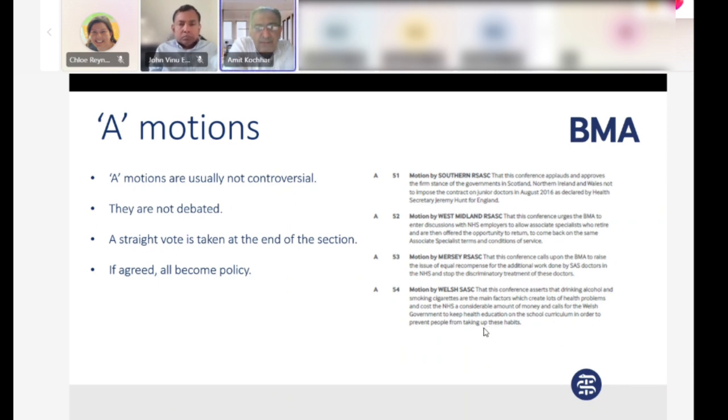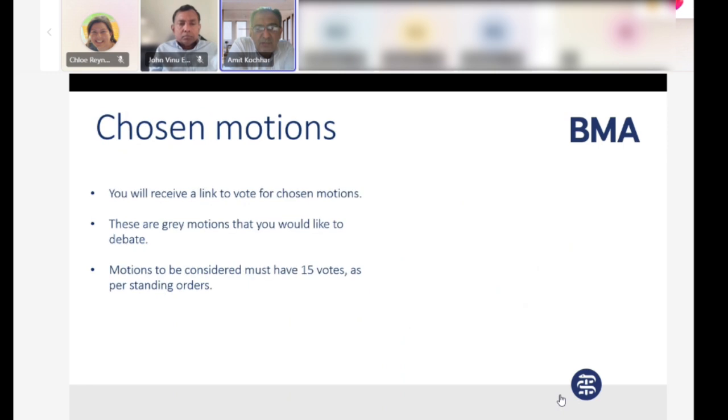Next slide. The next slide is chosen motions. So in your pack, as well as online, as well as in your app, you will receive a link to vote for chosen motions. These are motions that are in the gray section in the agenda, but you would like to have them debated. Normally, we say that 15% of the attendees attending conference should vote for these motions.